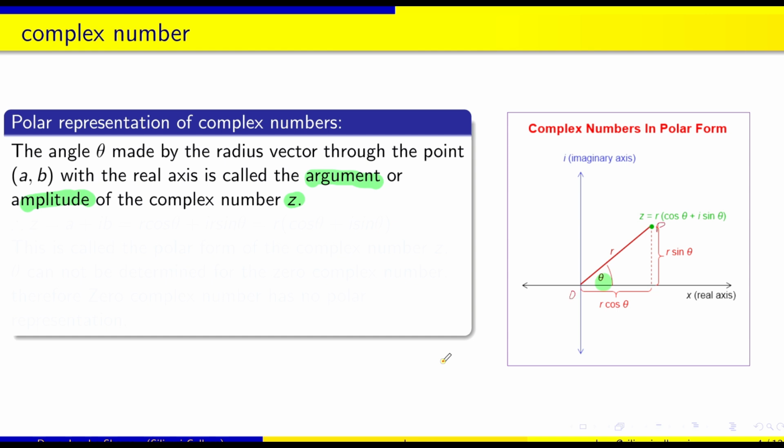This is a point P whose Cartesian coordinate is (a, b) and polar coordinate is (r, theta), as we have already discussed. This angle theta made by this radius vector with the initial line is called the argument or amplitude of the complex number z.